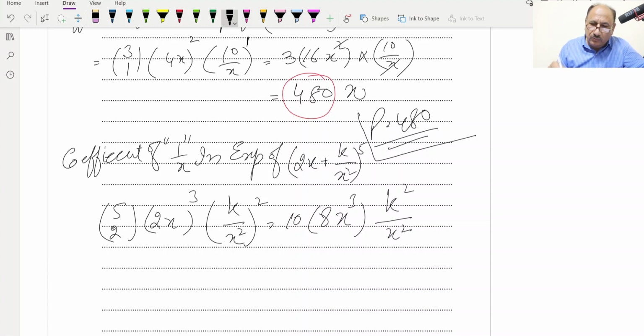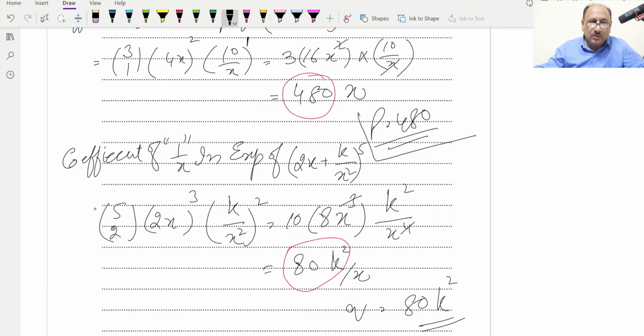This should be squared here because it is already squared. After cancellation this results in 80k squared over x. Now this is the coefficient of 1 over x, so q is equal to 80k squared.